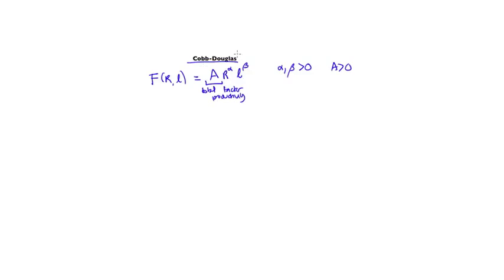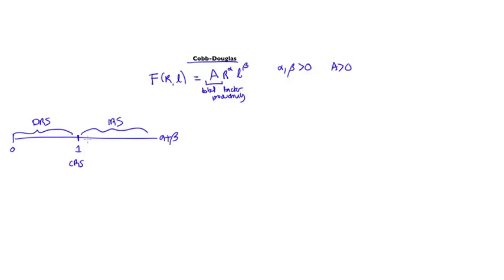Now, I claim that if you look at the value of alpha and beta, and you put 1 here, when alpha plus beta is exactly 1, this Cobb-Douglas function satisfies constant returns to scale. Below it, and above 0 of course because of this constraint, it satisfies decreasing returns to scale, and above it makes the function satisfy increasing returns to scale.